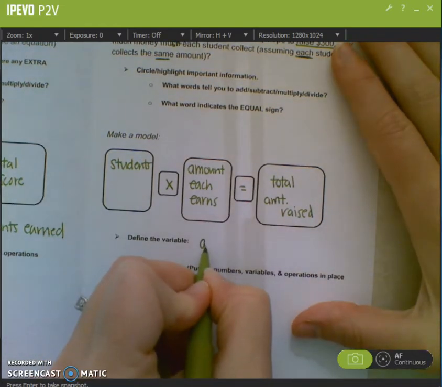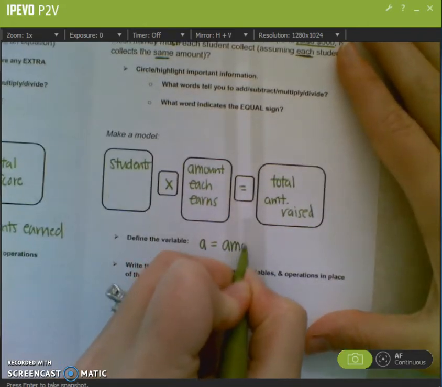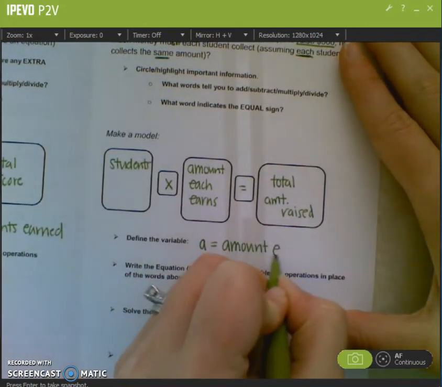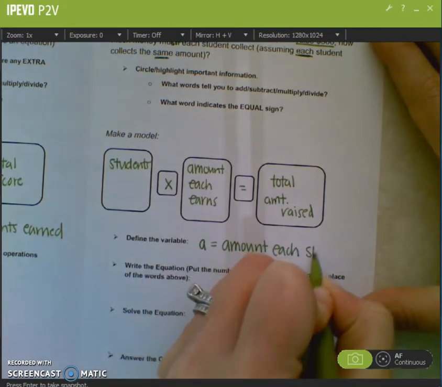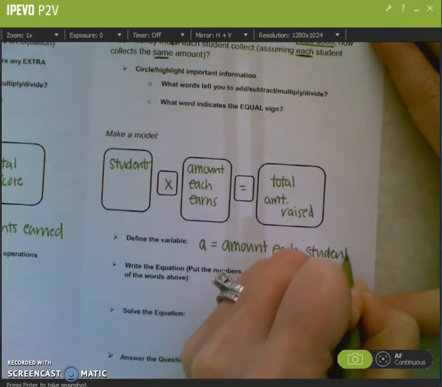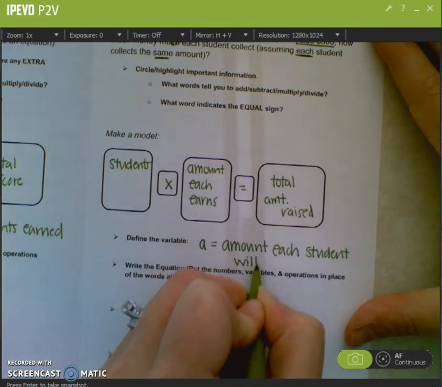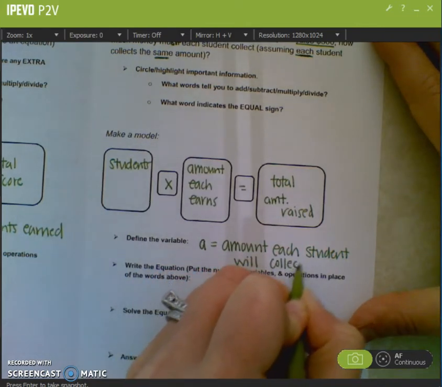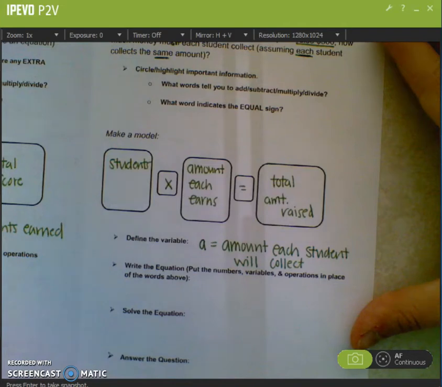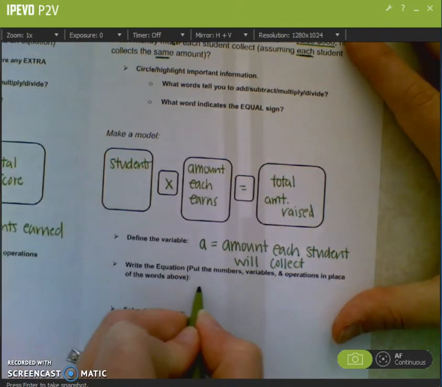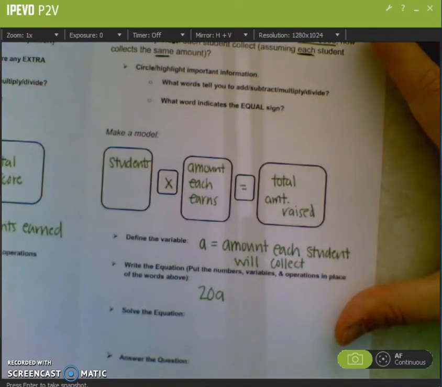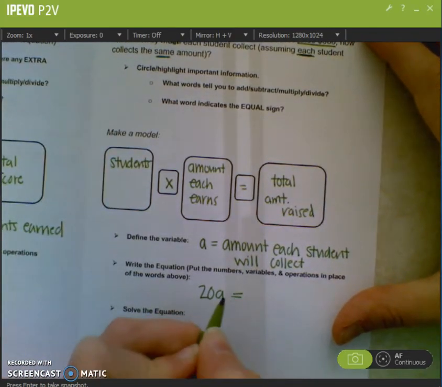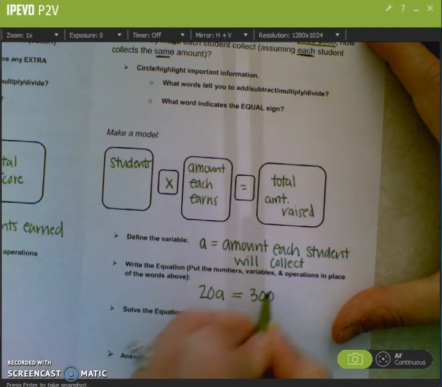So A equals amount each student will raise or collect. My equation, we have 20 students times A, so 20A equals, our total amount is $300.